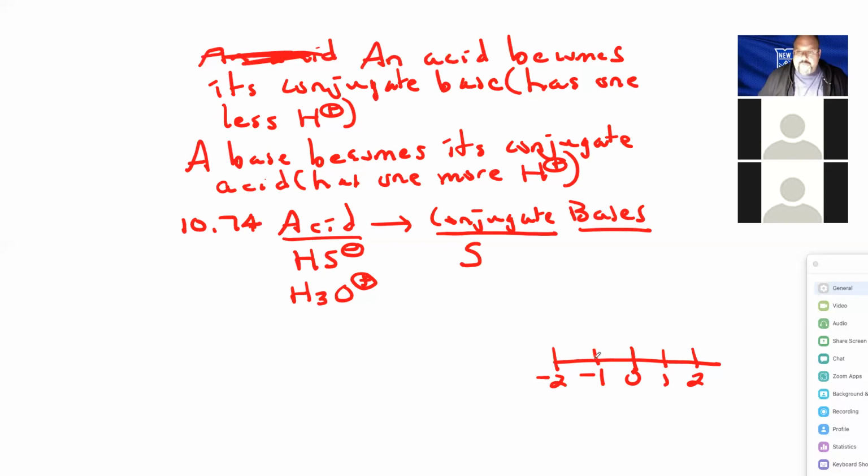If the charge is -1 and I take out another positive, what does the charge become? The charge becomes -2. So the conjugate base would be S2 minus.